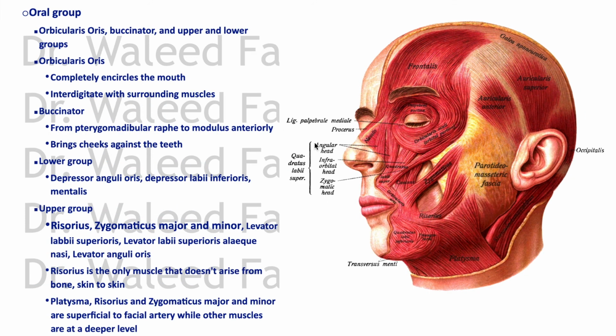The oral group, you can classify the muscles of the oral group into orbicularis oris, buccinator, and upper and lower groups. The orbicularis oris muscle, like the oculi, encircles the mouth.